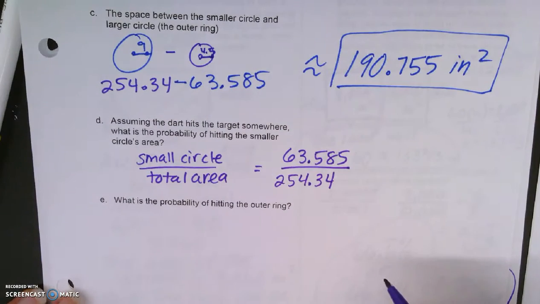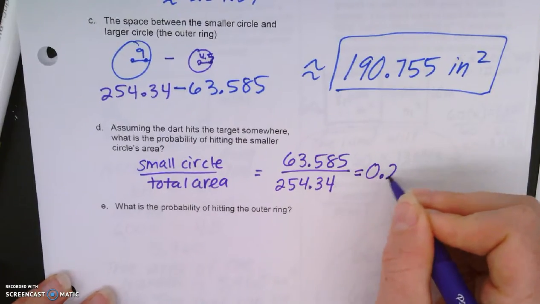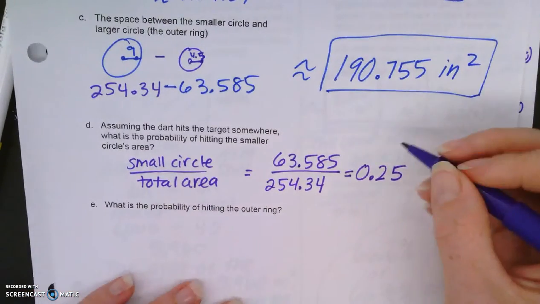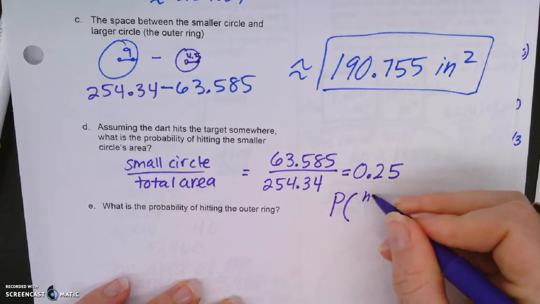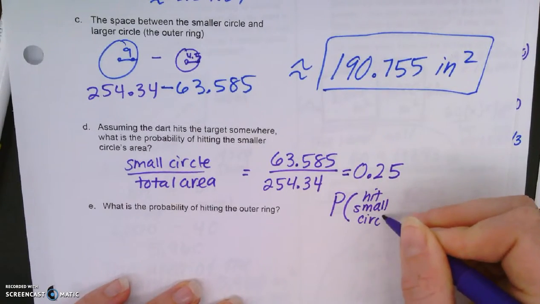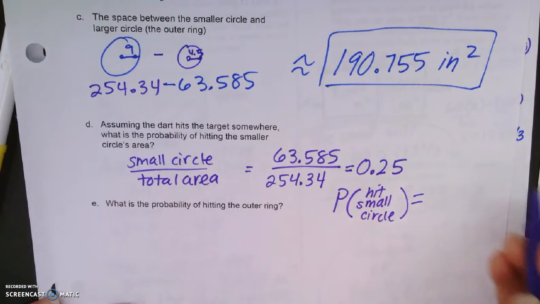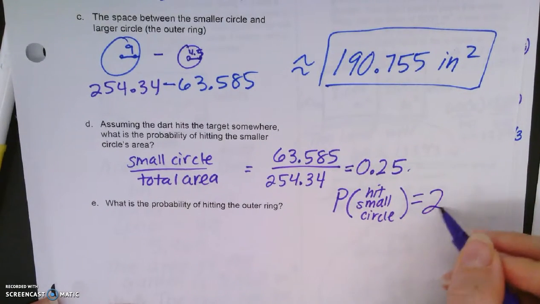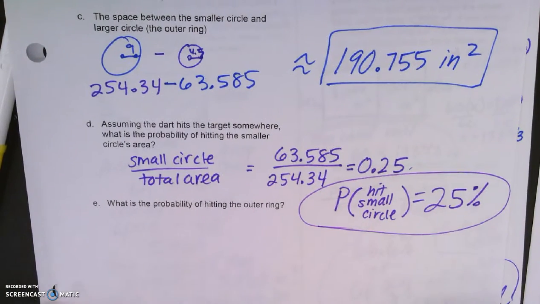When I grab my calculator and I put that in, we get, that's right, 0.25. So we can say, using probability notation, capital P, probability of hit small circle is, would it be 0.25, or we want to write that as a percent? So we're going to move the decimal over twice and say it's 25%. 1 out of 4 times, you'll be able to hit the small circle.